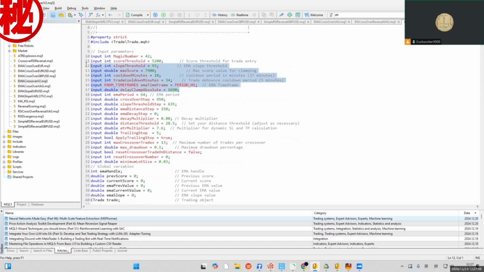Decay clamp absolutes. I have a decay multiplier over here. When the market has a thrust and immediately loses the momentum, it traces off the EMA slope. When the EMA slope is below the threshold, it will apply the decay multiplier to the score.